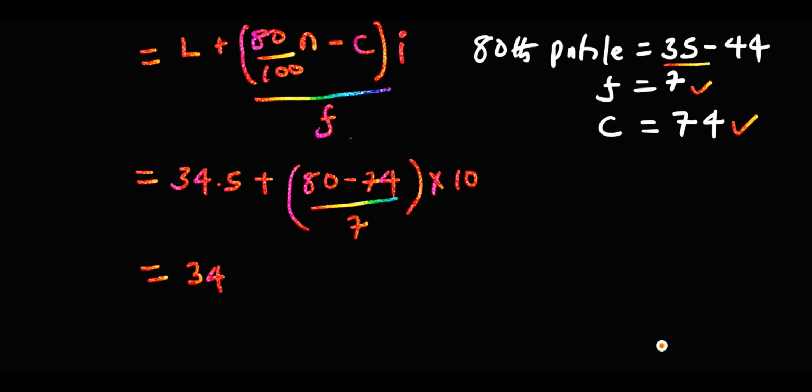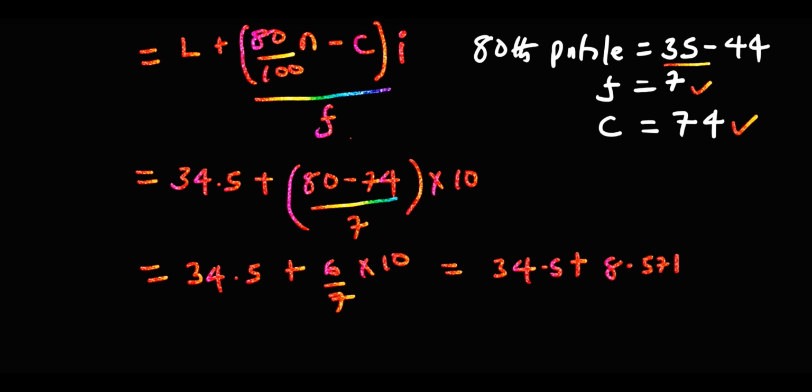So that is 34.5 plus 80 minus 74 is 6. So we have 6 over 7 times 10. So that will be 34.5 plus, when we simplify this, we're going to get 8.571428571.